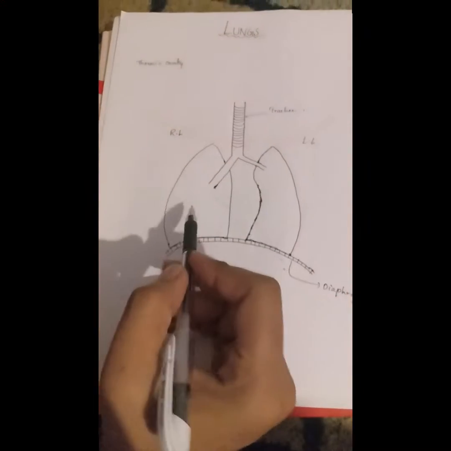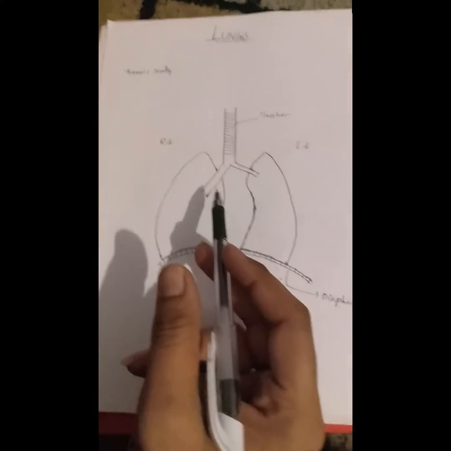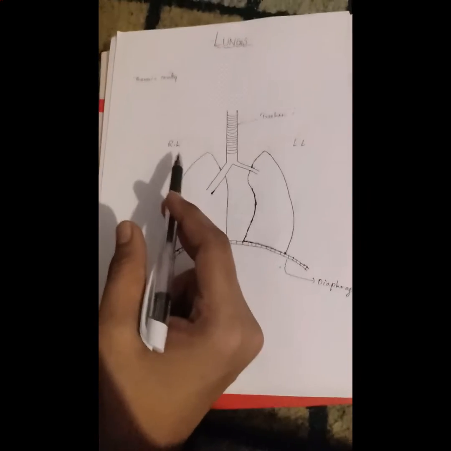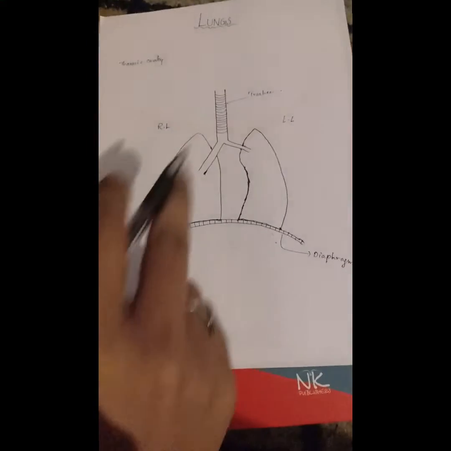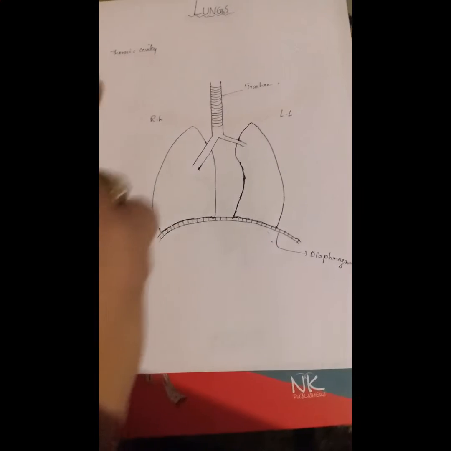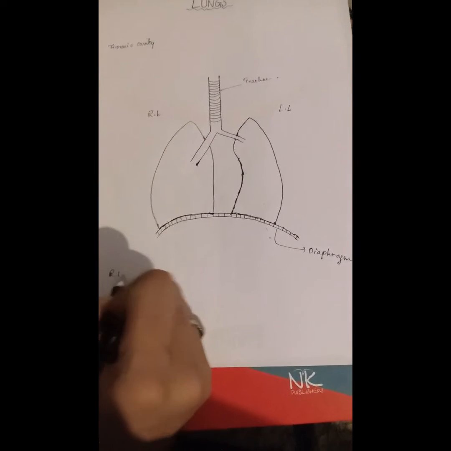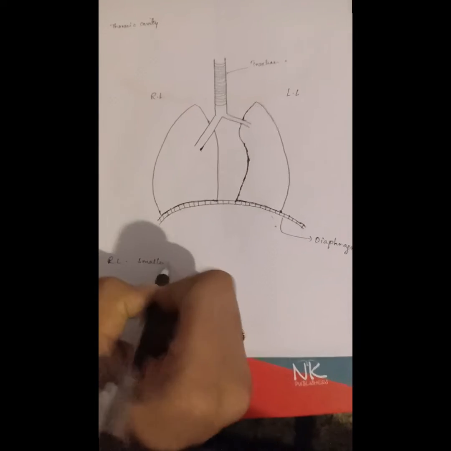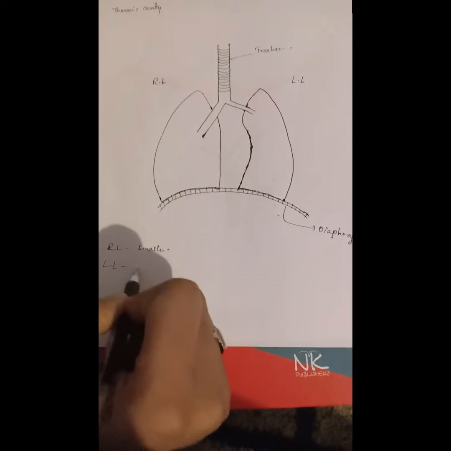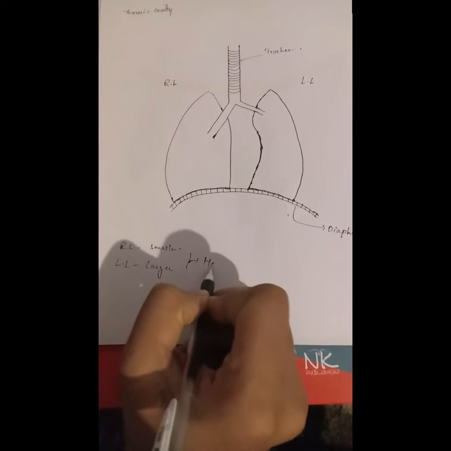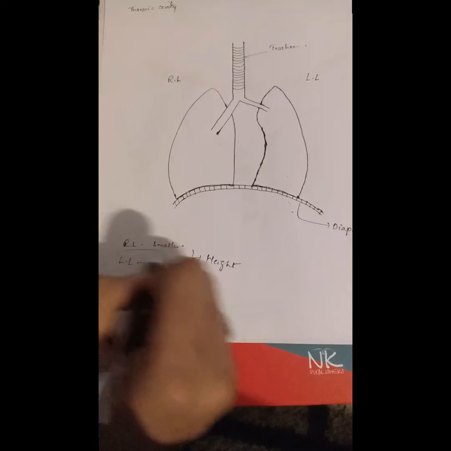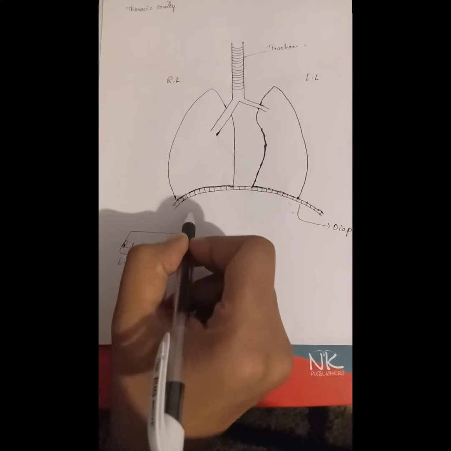Okay friends, when we look at the picture, we can clearly understand that the right lung is larger than the left lung in size, but in height the right lung is smaller and the left lung is larger. The right lung is smaller in height because there is a liver.